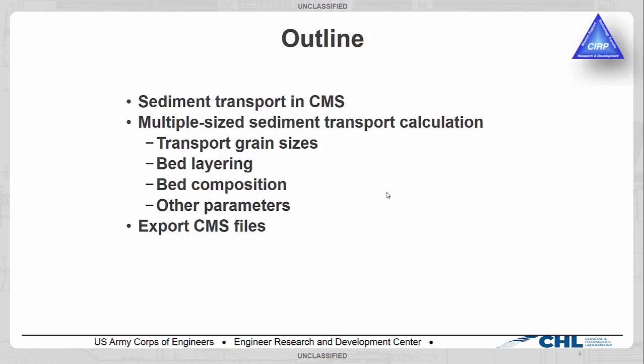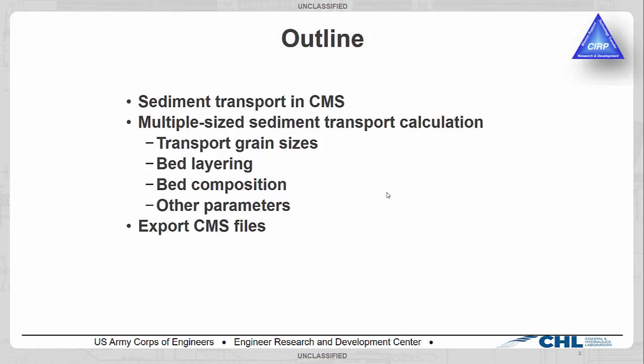Also bed layering, and how do you discretize a vertical bed layer? And also bed composition. After that I introduce other parameters, which are not only for multiple grain size but also for single grain size sediment transport.